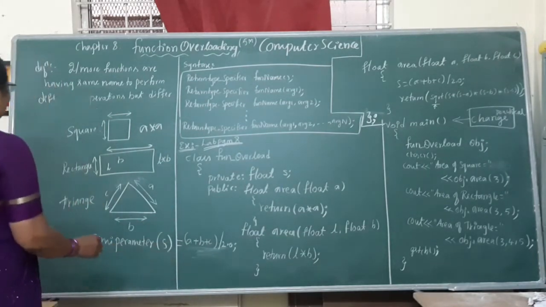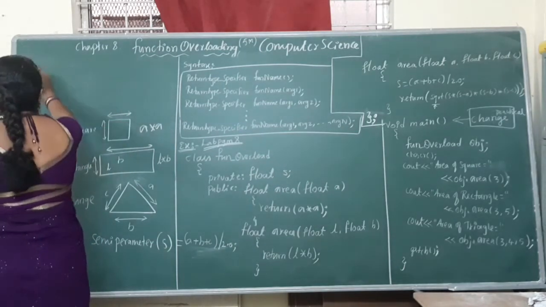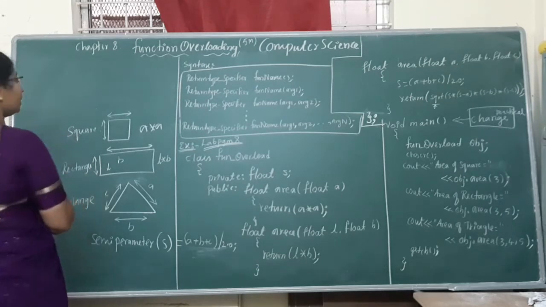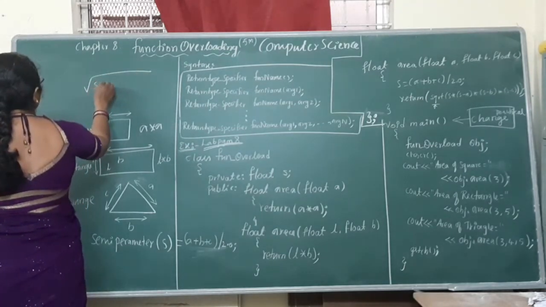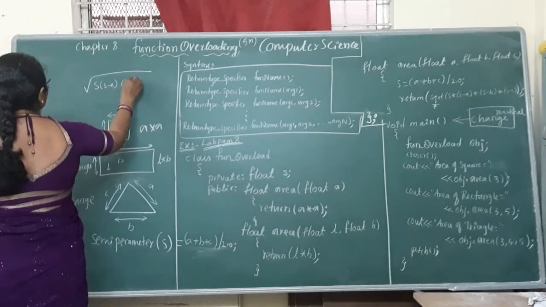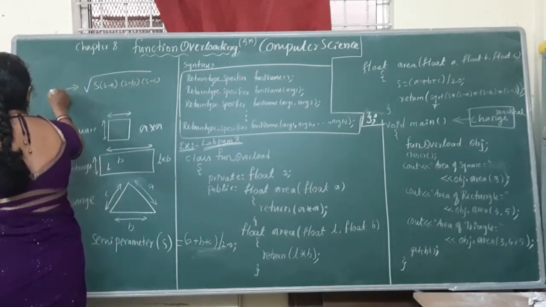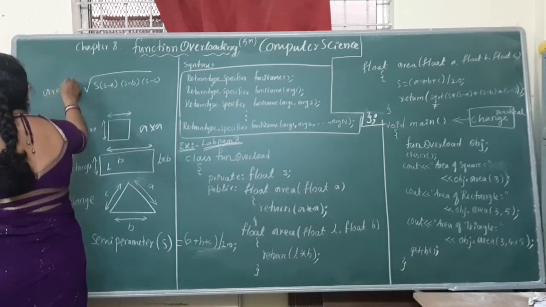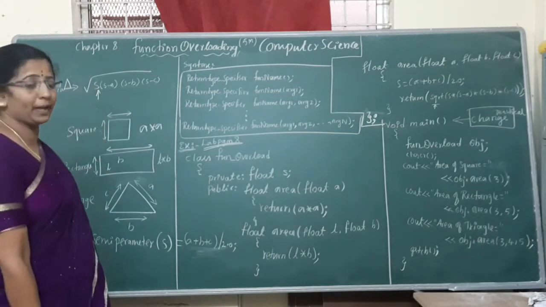Once you have the semi-perimeter, what is the formula to find the area of the triangle? Do you remember it from first year? Square root of S into S minus A into S minus B into S minus C. This is the formula to find the area of a triangle. Before that we need to find the semi-perimeter.